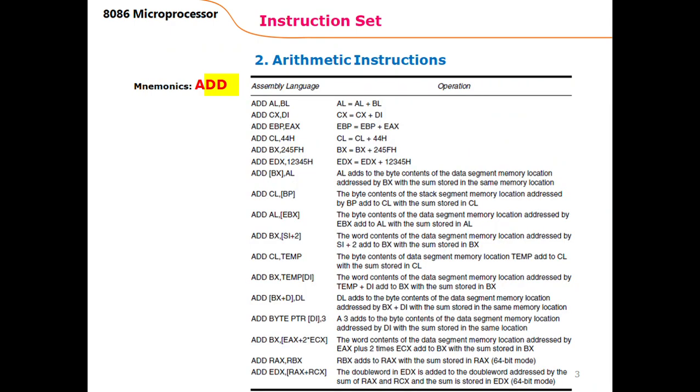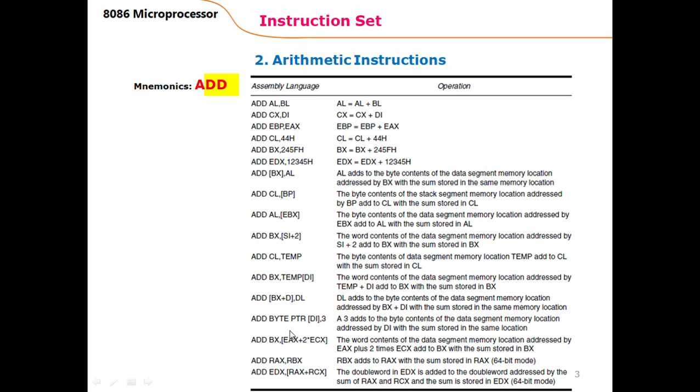There are many other examples and addressing modes, plus larger registers are also included in these examples. So they are not only for the 8086 microprocessor, but also for other later members of the Intel family of microprocessors.